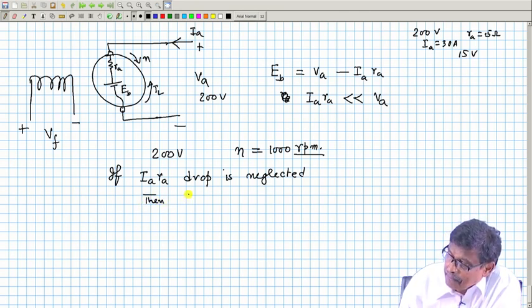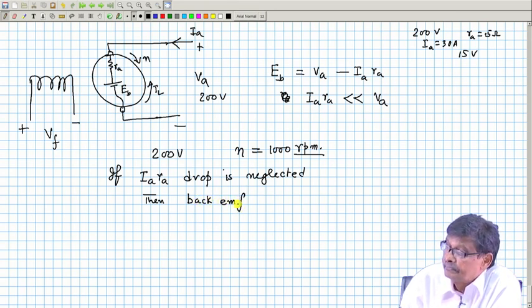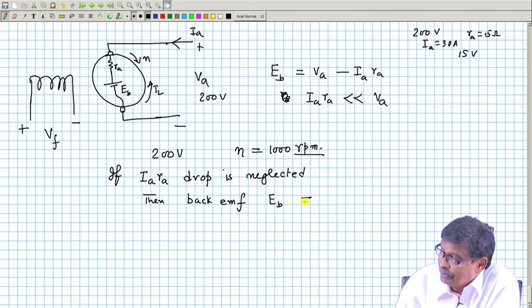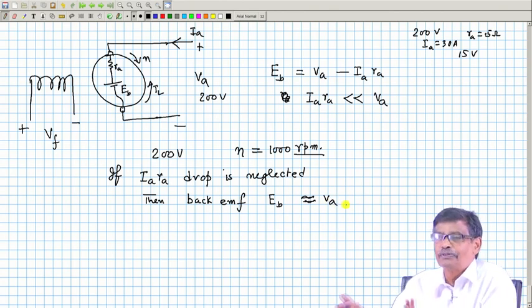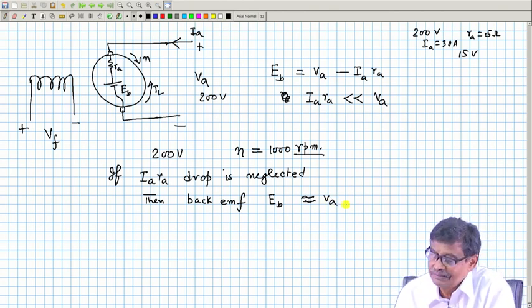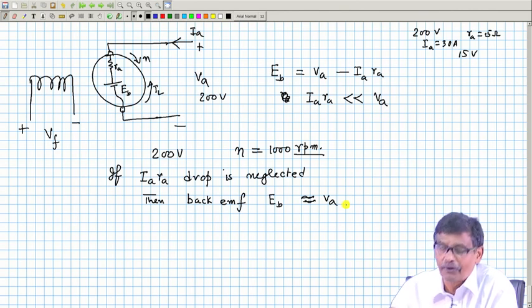Then back EMF, that is E_b, will be always equal to the supply voltage, as if back EMF is fixed by the supply voltage. Are you getting this point?